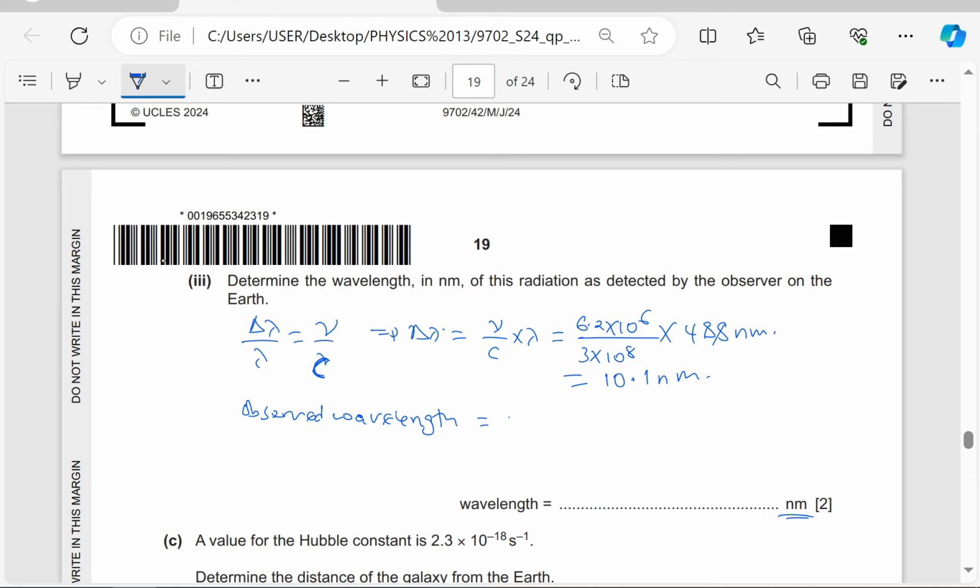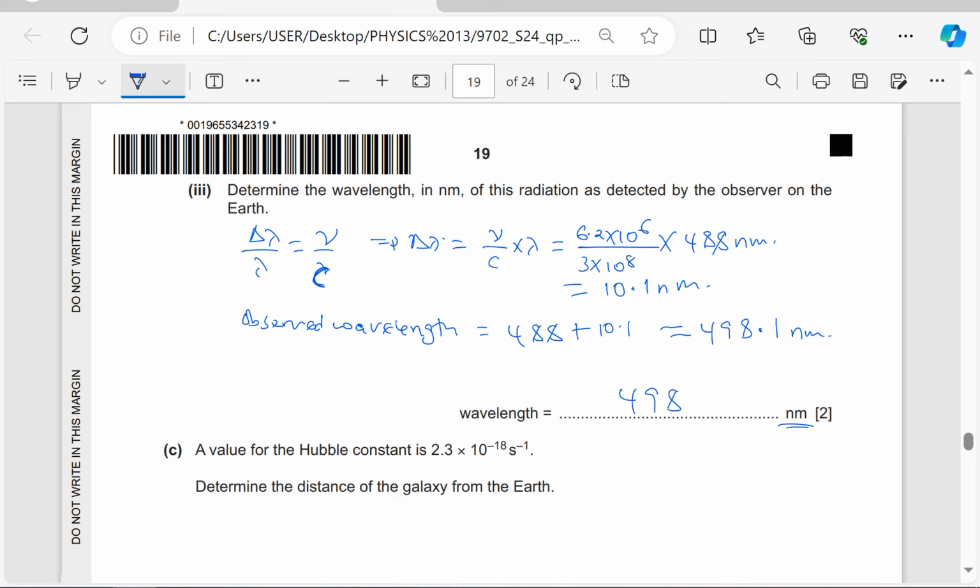Because it is longer, it is going to be 488 plus 10.1, which is 498.1, approximately 498 nanometers to 3 significant figures.